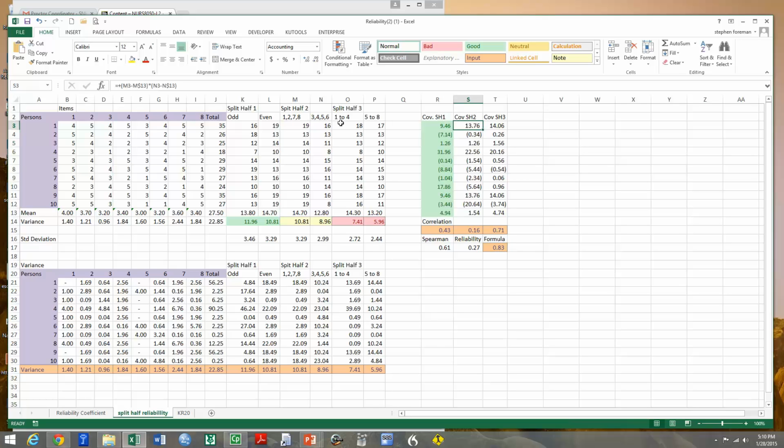Second split is number 2 here. Here are the covariances for that. And here are the covariances for the third split, the first half and the second half.